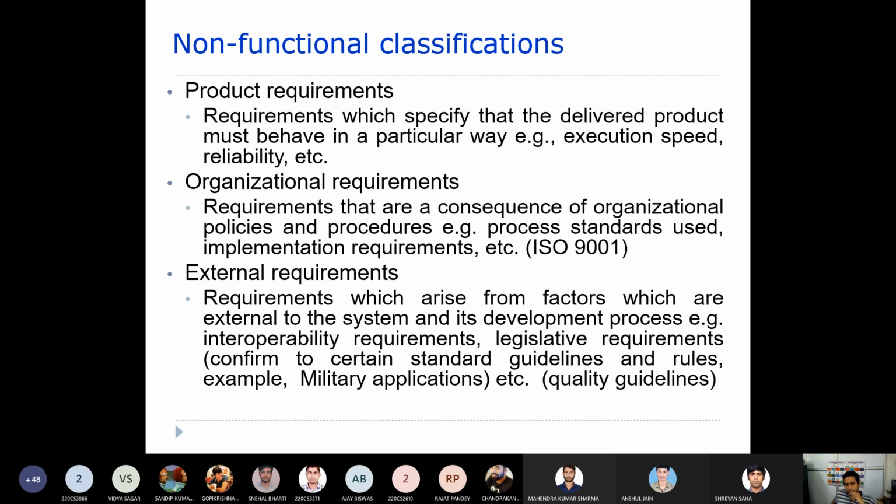Let's say, for example, you are going to develop a hardware that can transmit data wirelessly to a distant location, maybe to a receiver. When you are using a wireless medium, you will be using a frequency or a spectrum.